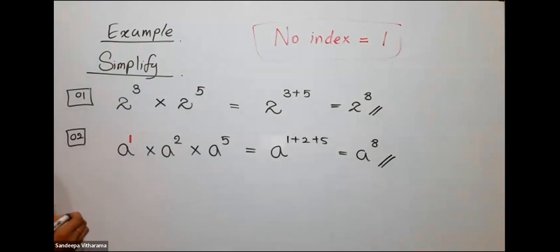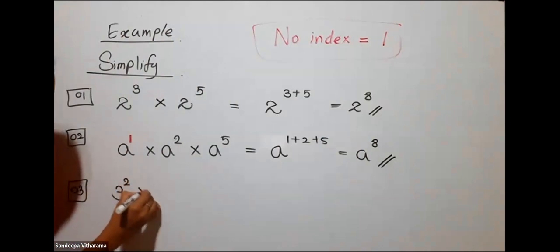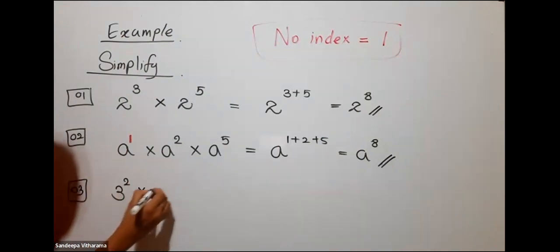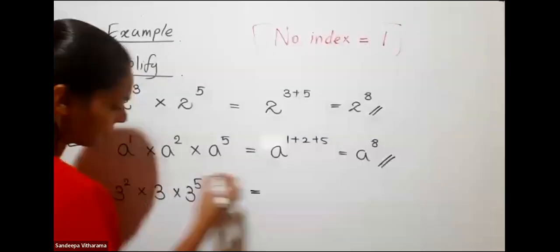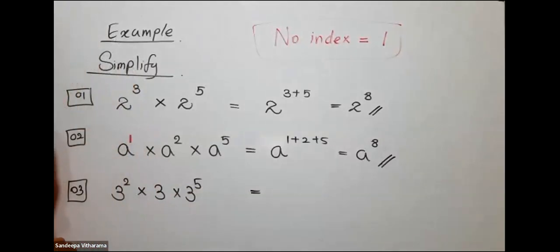Then third one, 3 to the power of 2 times 3 times 3 to the power of 5. Then look at here. Can you tell me what will be the answer? 3 to the power of 8.